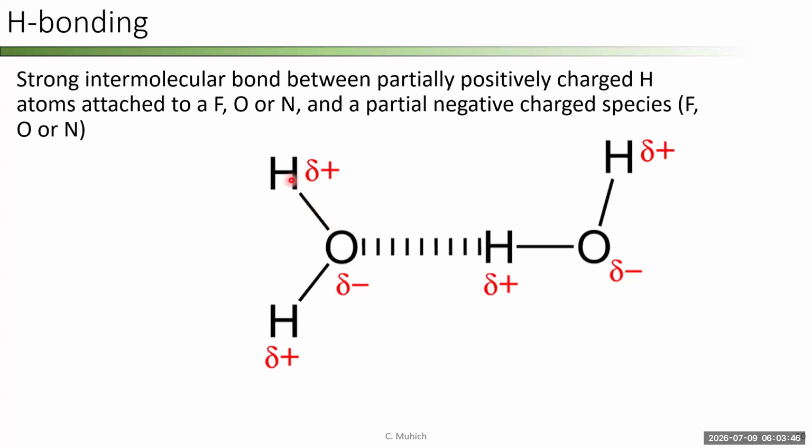But because oxygen has a lot more protons than hydrogen, which only has one, that sharing is uneven, and we get what we would say is some ionic character in this covalent bond. So this hydrogen is left partially positive, and this oxygen is left partially negative.